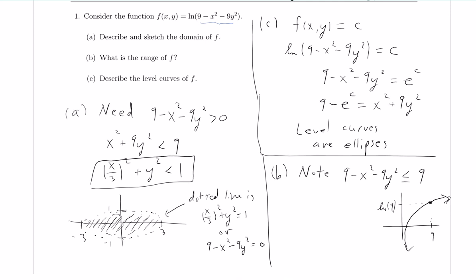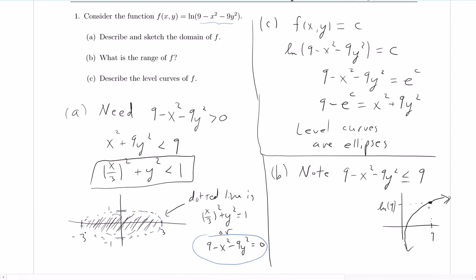But we have to keep in mind that we're only considering things in this domain that we found in part A. So we're only allowing ourselves to plug in things in the interior of this ellipse. But if you recall what we said before, the dotted line on the boundary of this ellipse is exactly where the stuff in parentheses is equal to 0. So that means we can get as close as we want to making this quantity 0, because we're allowed to pick points inside the ellipse as close to the boundary as we want. We just can't hit the boundary itself.